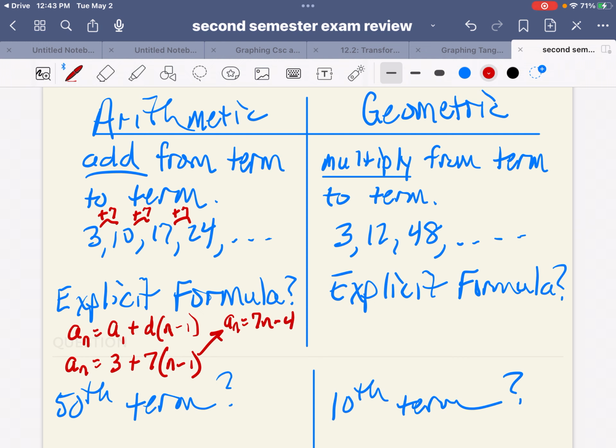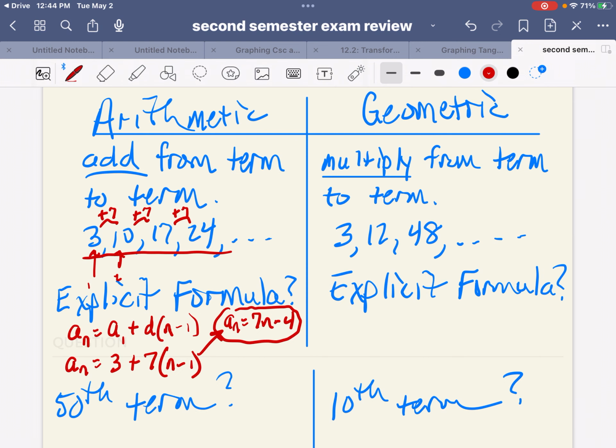So a sub n equals 7n minus 4. You'll notice that that is the correct formula for this sequence. If you plug in 1, 7 minus 4 is 3. If you plug in 2, 7 times 2 is 14 minus 4 is 10, and so on. So that formula seems to be working.